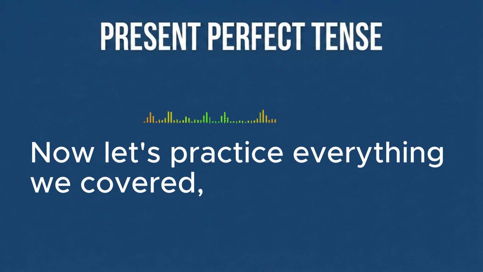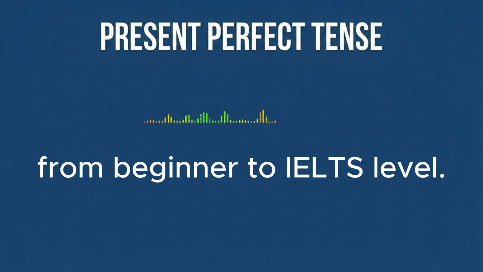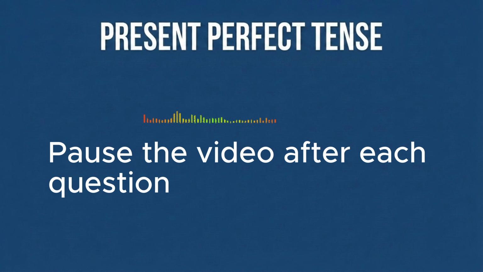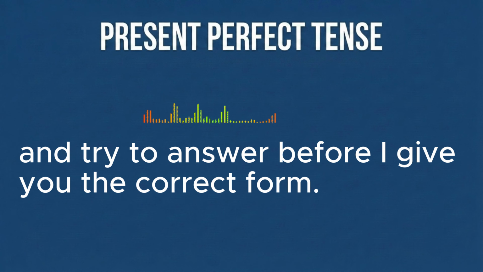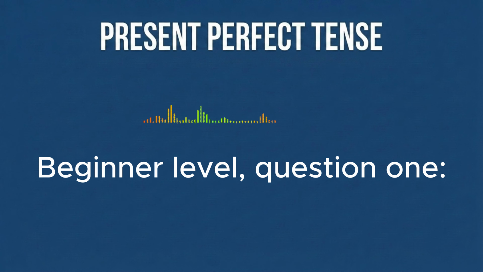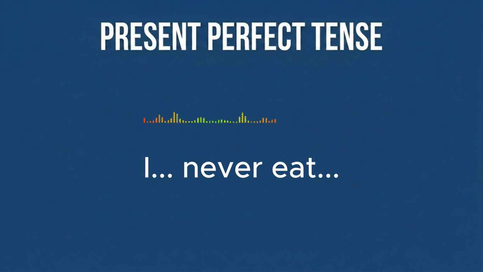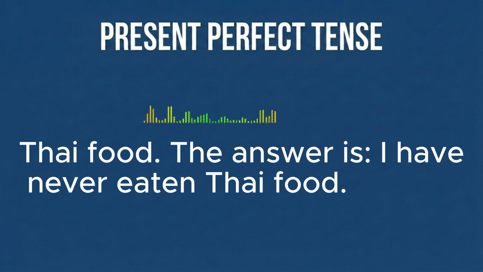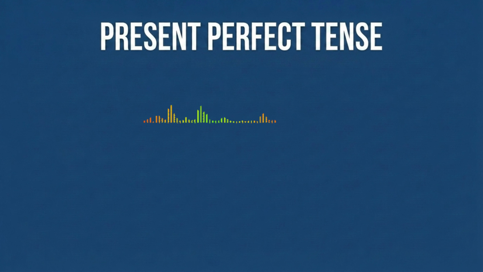Now let's practice everything we covered, from beginner to IELTS level. Pause the video after each question and try to answer before I give you the correct form. Beginner level. Question 1. I never eat Thai food. The answer is, I have never eaten Thai food.